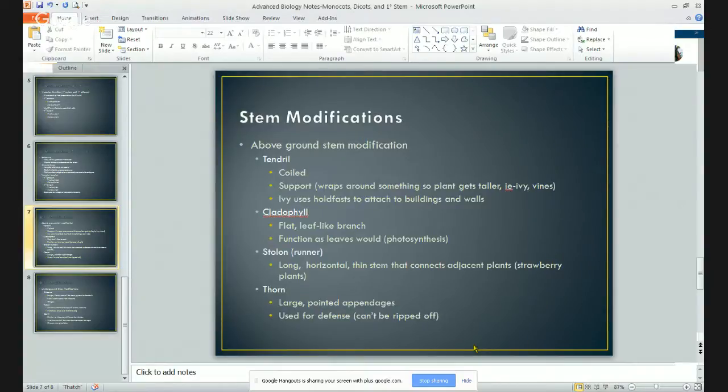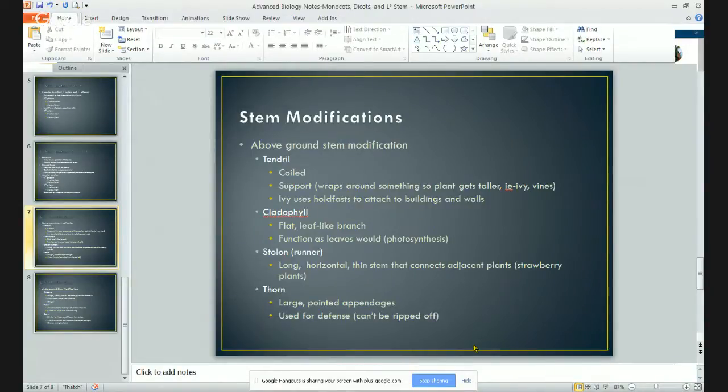You can't actually rip them out because it's embedded within the stem. If you do rip it out, the plant can die, because you're ripping out inside tissue at that point.